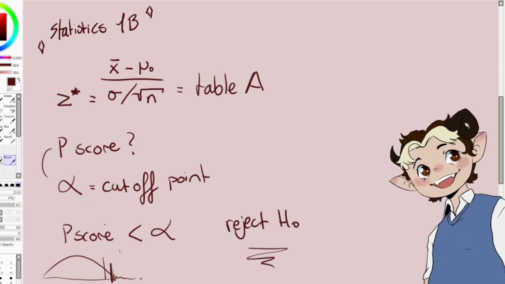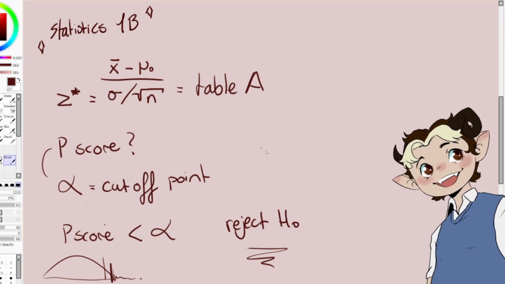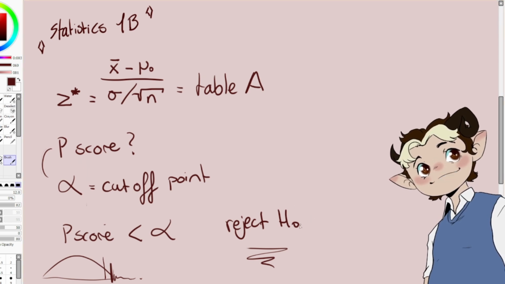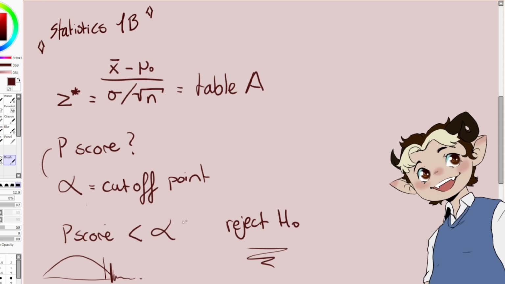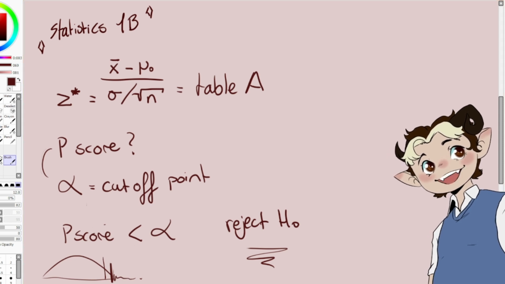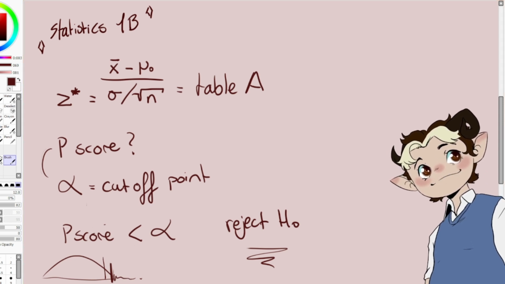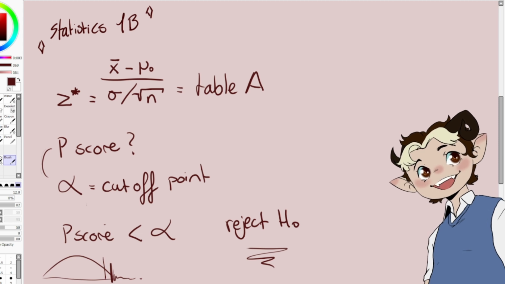That is the conclusion we get to. It just means that there's a high likelihood that, given our sample size, the null hypothesis is incorrect.